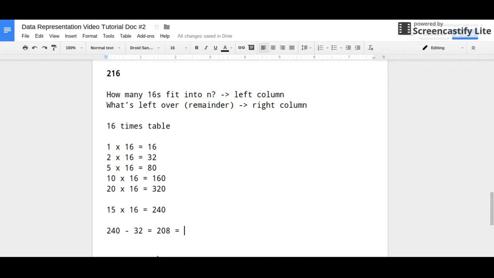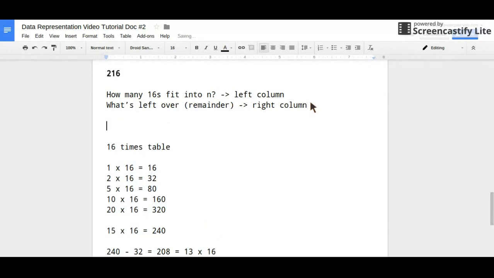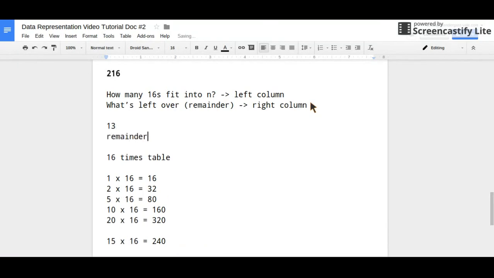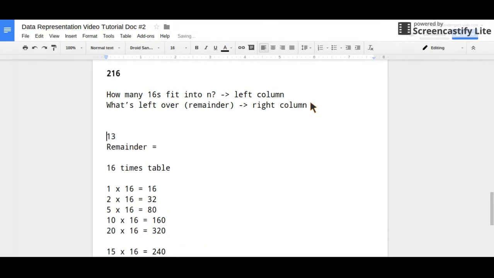So what we actually got there was 13 times 16. So 208 is 13 16s. So this means that 13 16s fit into 216. So our left-hand column is 13, and the remainder is, let me make this a bit more clear.